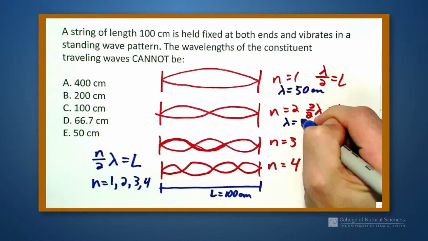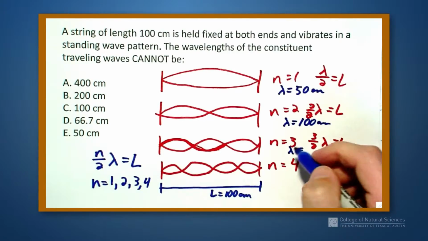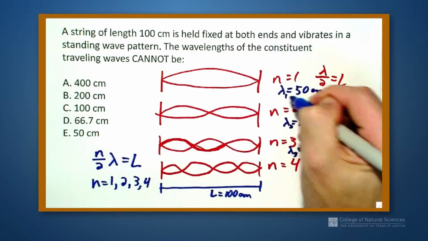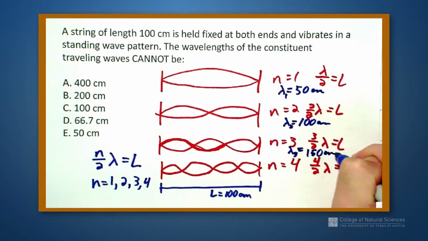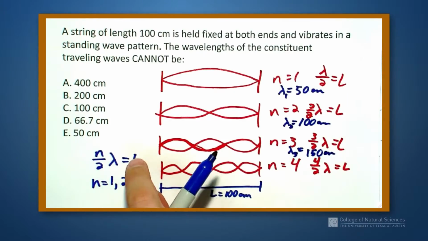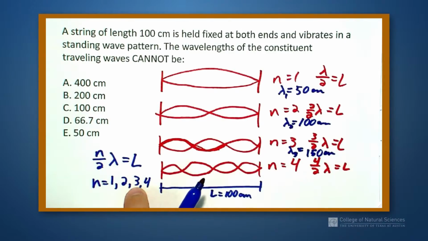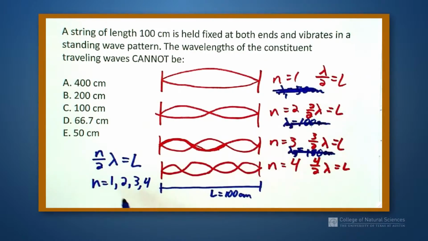The next one is going to be 100 centimeters. The third one, lambda 3, is going to be 150 centimeters, because of just plugging in. I am making a mistake. These are not right. I was not paying attention to my equation.